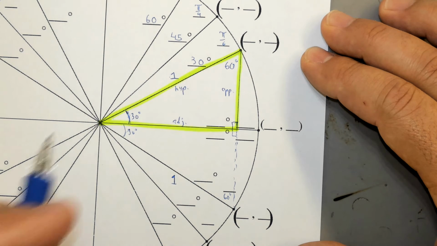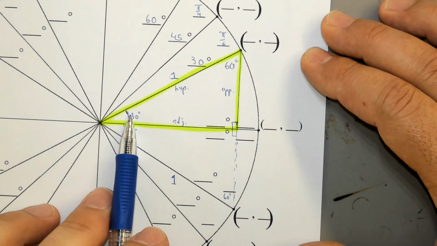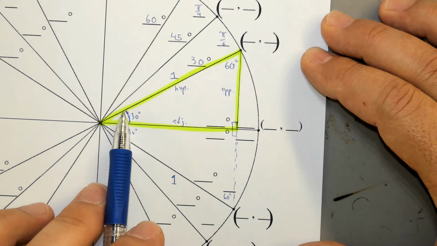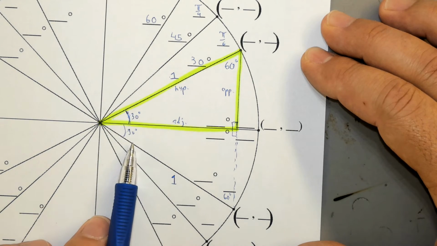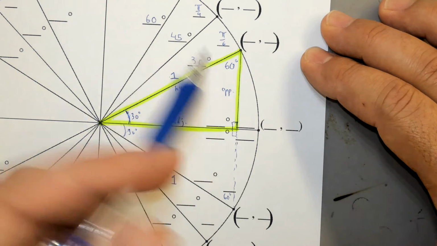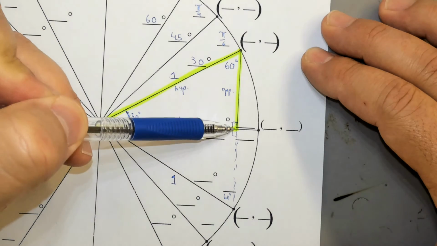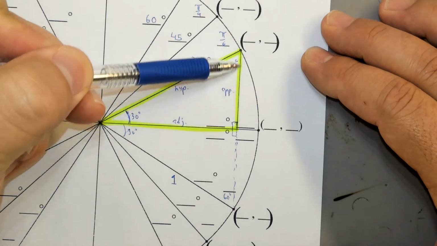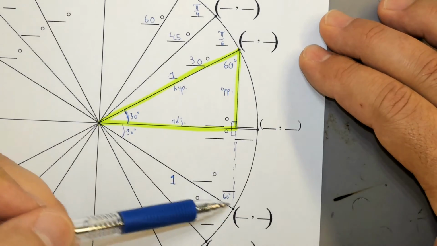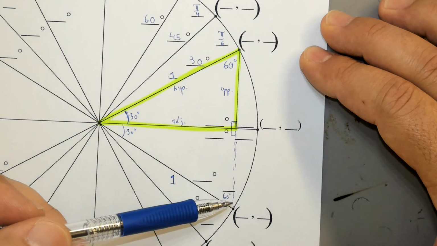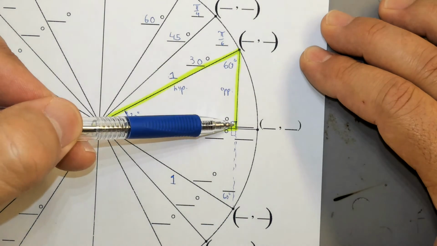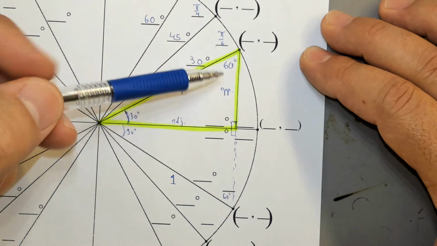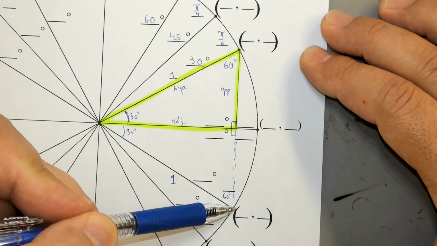Okay? If this angle is 30 degrees, which is half of your 60, that means that this highlighted portion of this whole side of your equilateral triangle would be half the distance or half the length of this entire side.